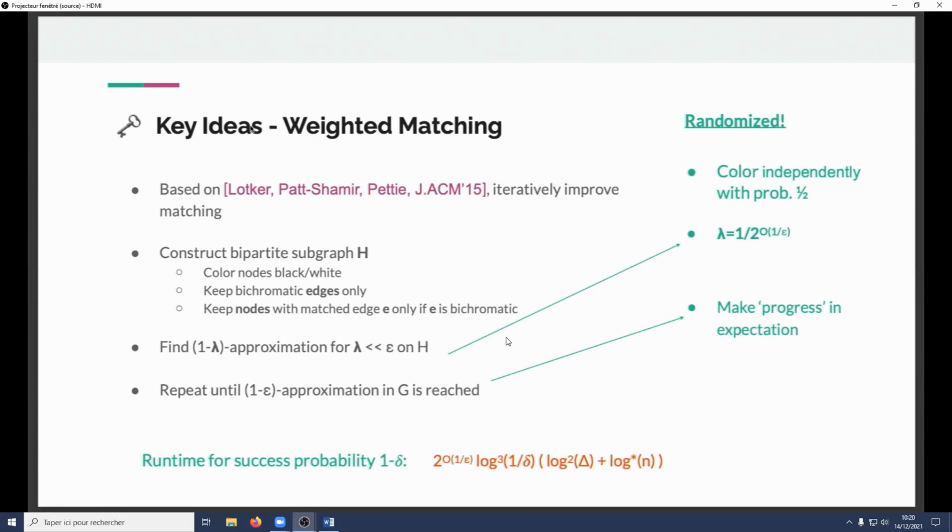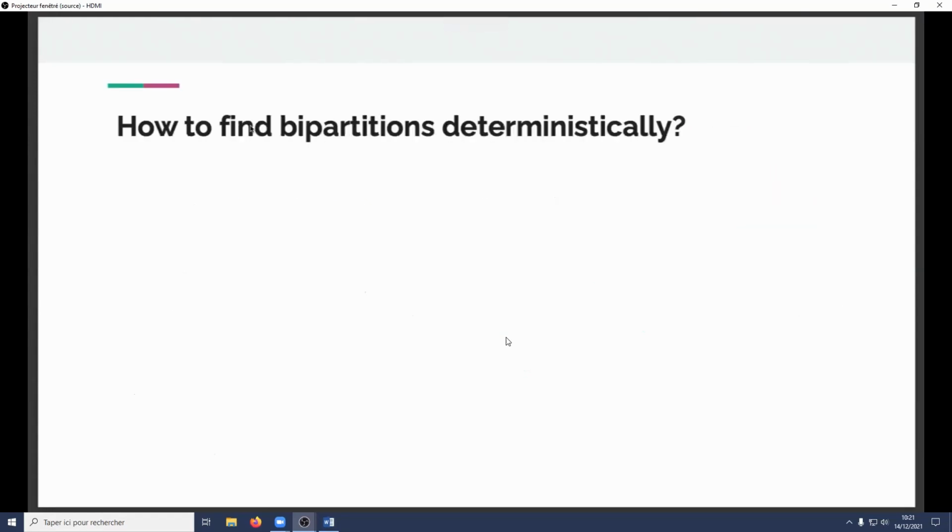So note that for constant epsilon and constant success probability, this is actually pretty efficient. If you want, we can also go for high probability, but then we have here a log^3 n factor. Right, and we also provide a deterministic way to find those bipartitions.